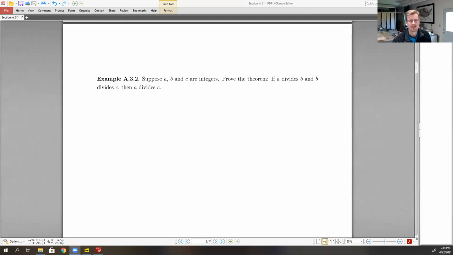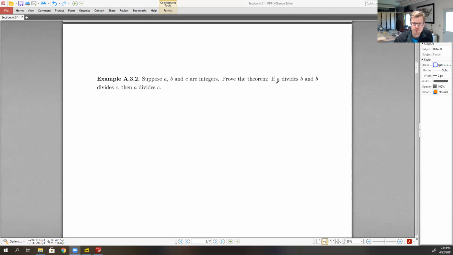So we already saw one example of this. Let's take a look at another. All right, so here we have that suppose A, B, and C are integers.